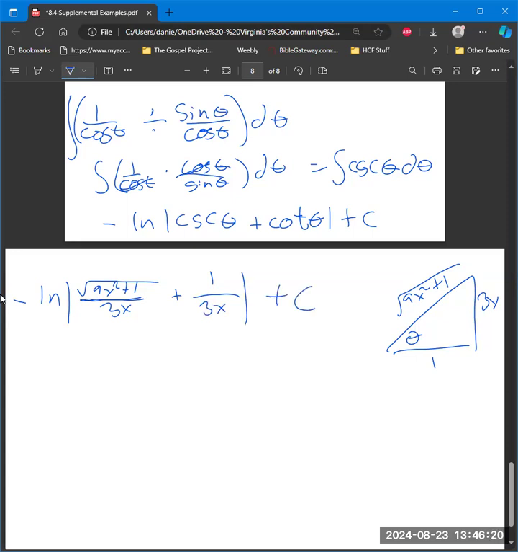And so that is a negative ln of, and then this is 3x, and then root 9x squared plus 1, plus c.